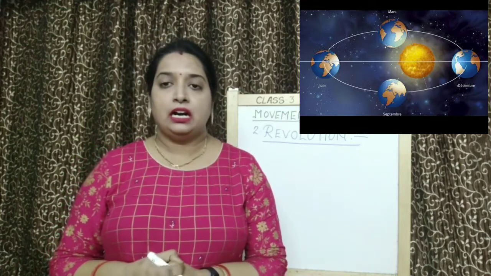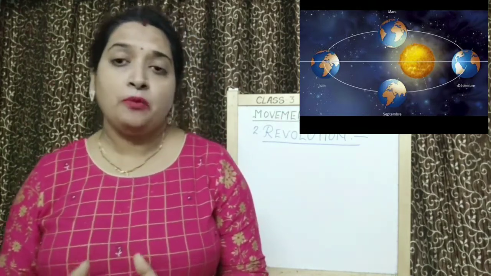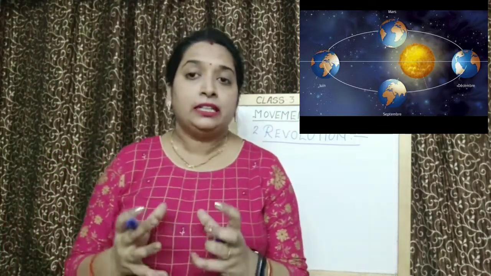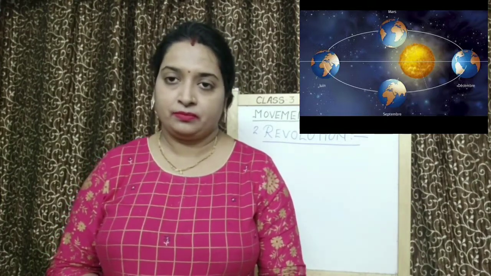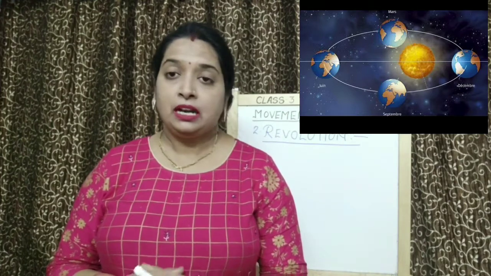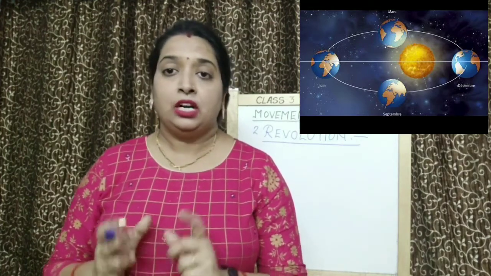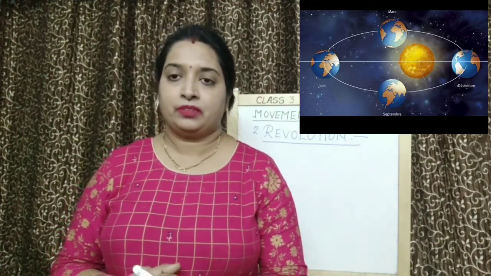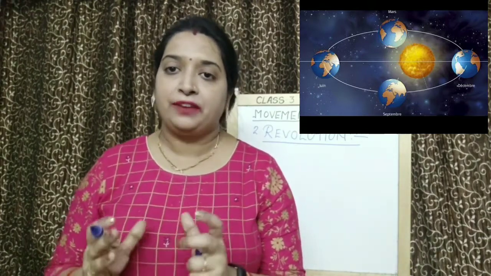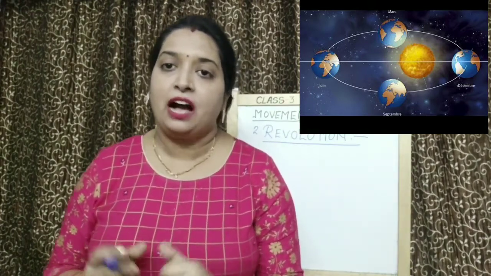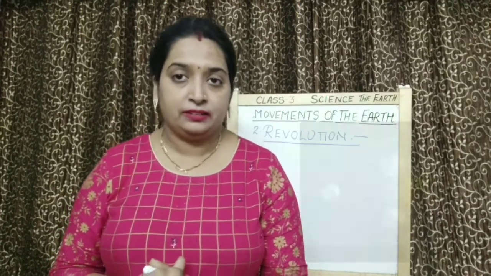Now children, let's come to how much time earth takes to complete one revolution. As you remember, rotation takes 24 hours. Children, earth takes 365 days and 6 hours to complete one revolution around the sun.